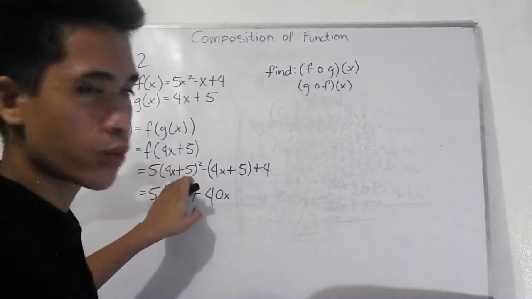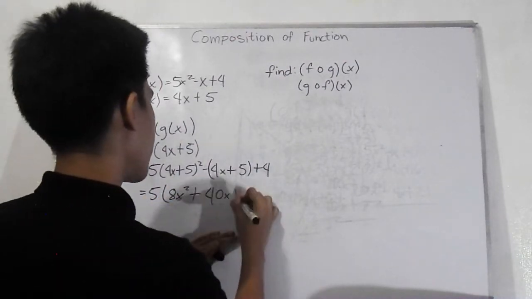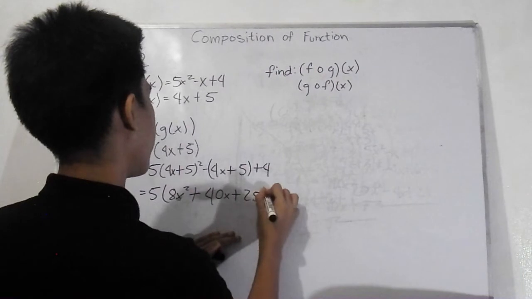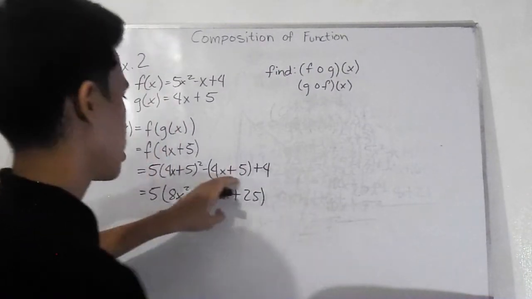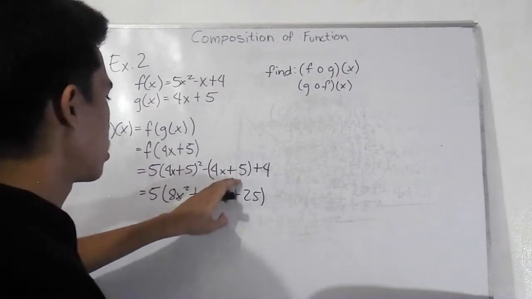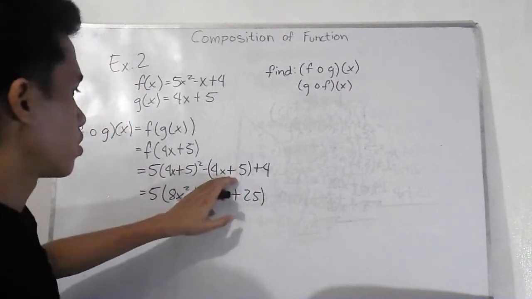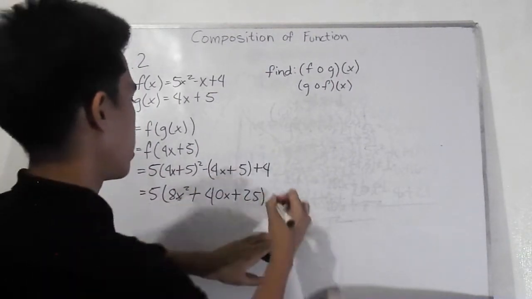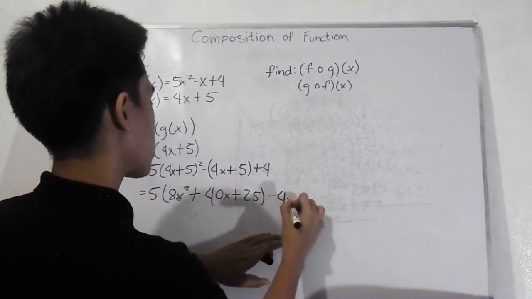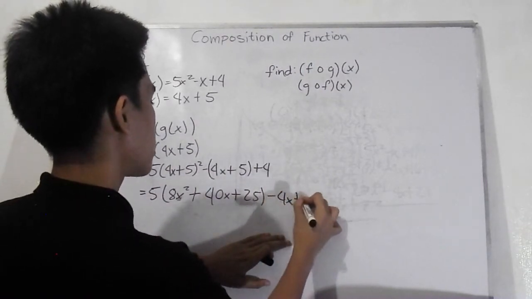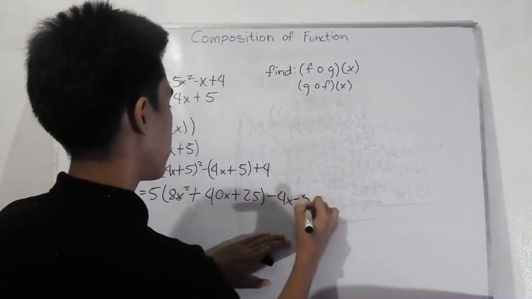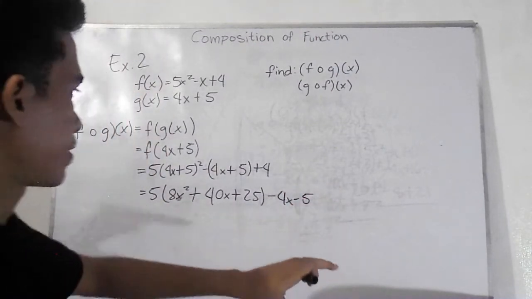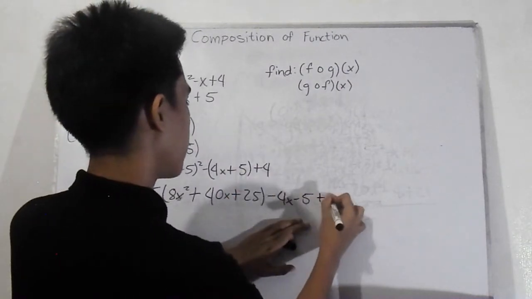And 5 squared will be 25. And this one also. So here negative 4x, minus rather 5, copy positive 4.